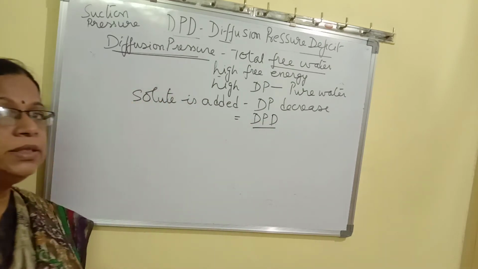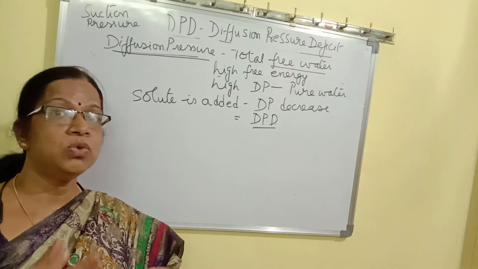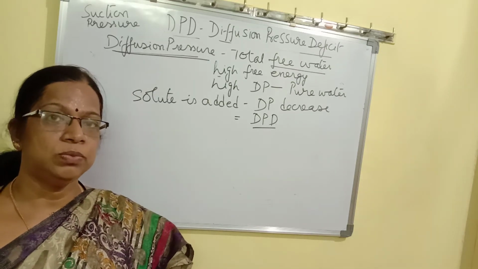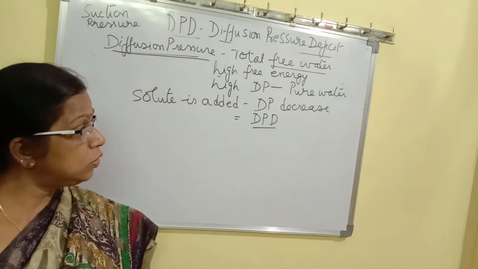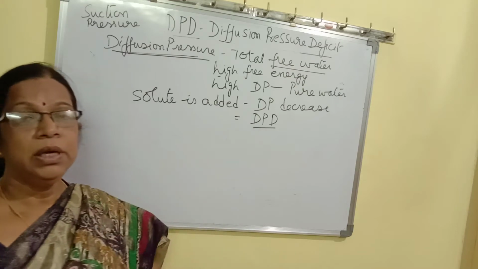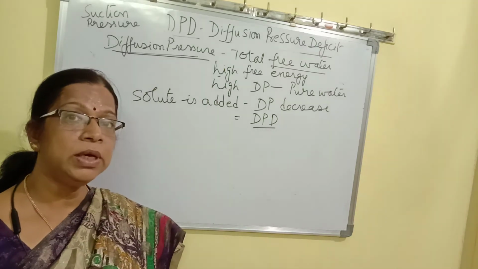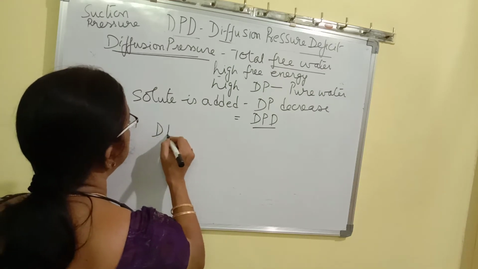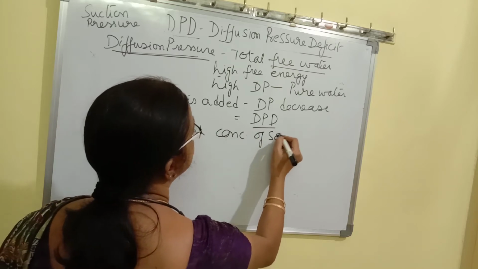So when diffusion pressure decreases due to the addition of solute to a solution, that decrease is called DPD. When we add more and more solute, there will be more and more decrease in diffusion pressure. That means DPD is directly proportional to the concentration of solute.